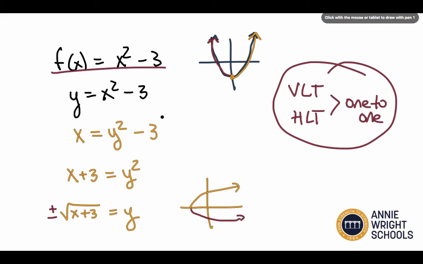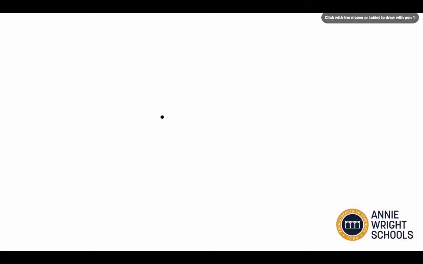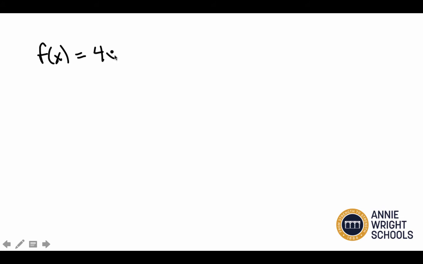Now, when we talk about inverses, a lot of times we need to verify that 2 functions are inverses. So take this function here. f of x equals 4x plus 3, and g of x equals x minus 3 divided by 4.